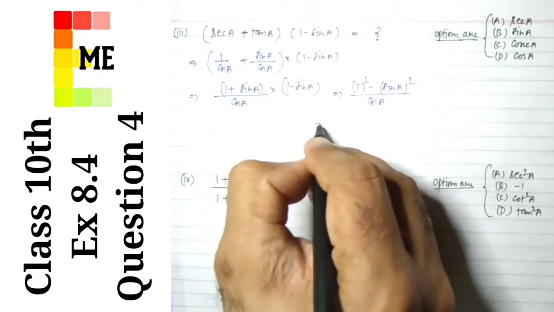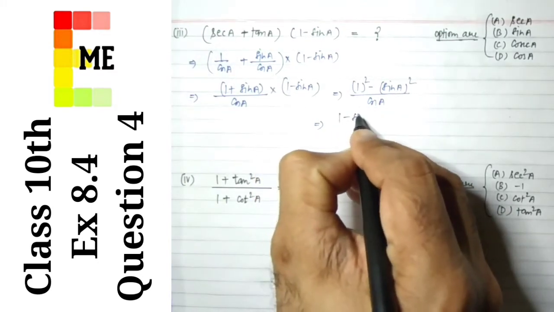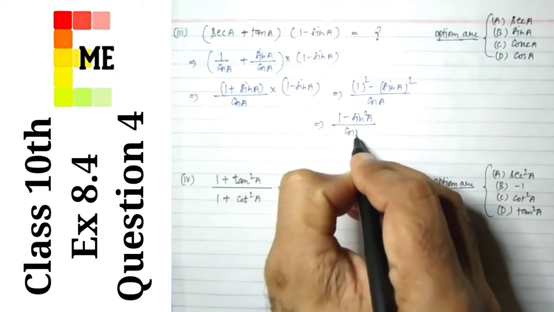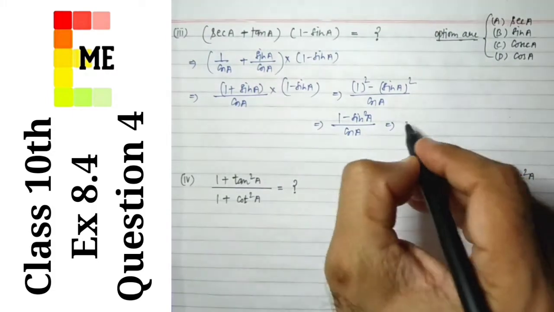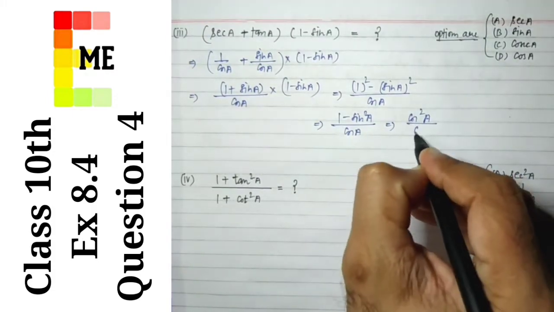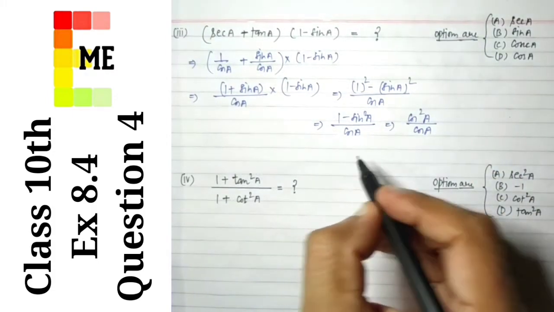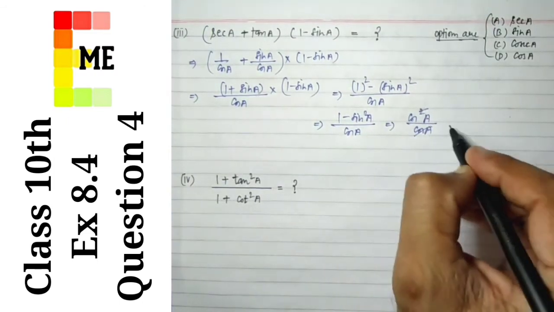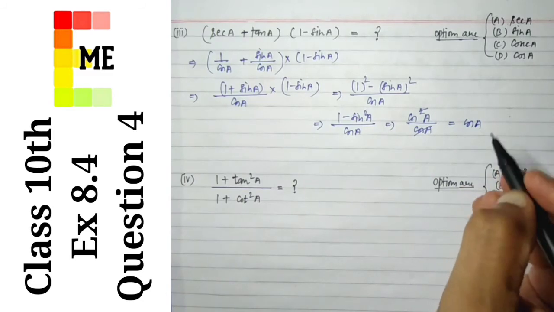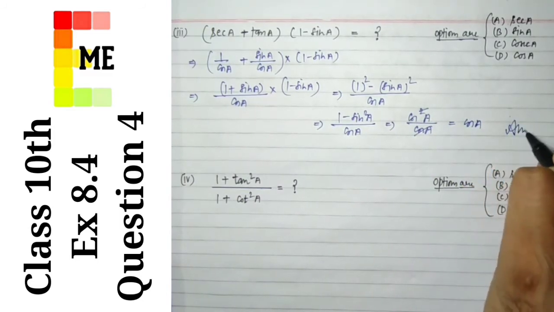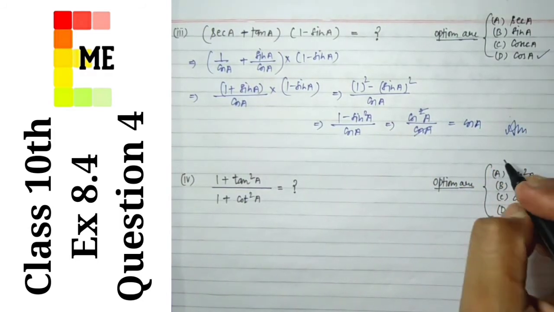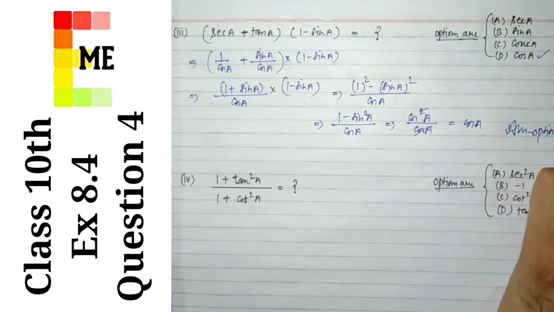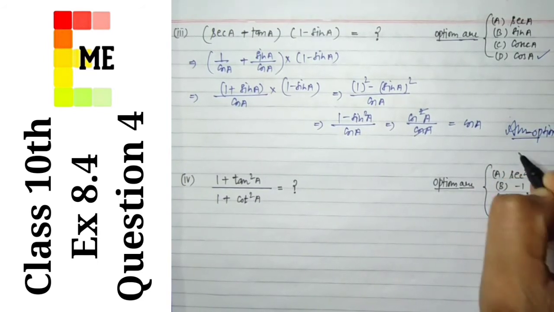So 1 minus sin square a upon cos a. 1 minus sin square a is cos square a upon cos a. Cos square a means cos a whole square upon cos a. Cos a and cos a cancel. What do we have now? Cos a is the answer. So option D is the correct option.